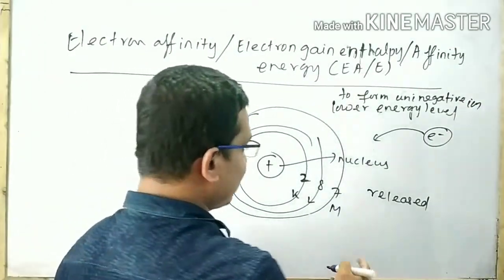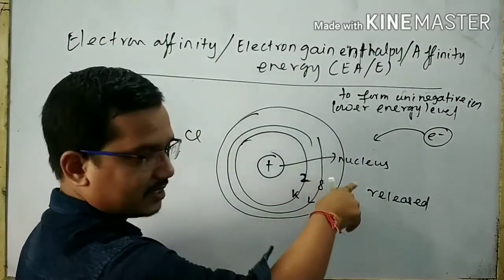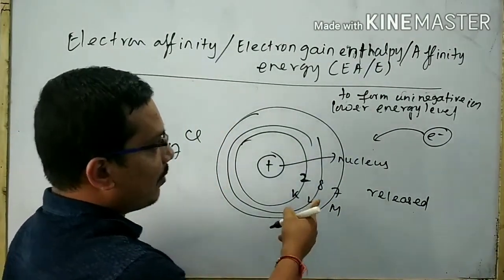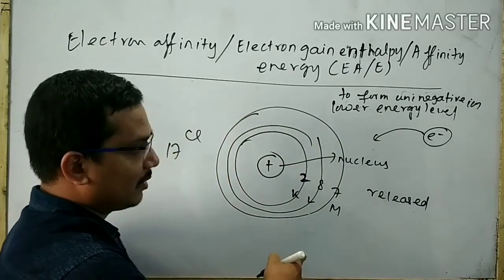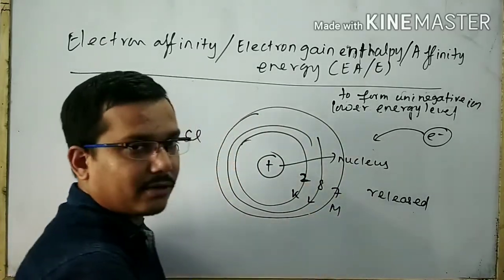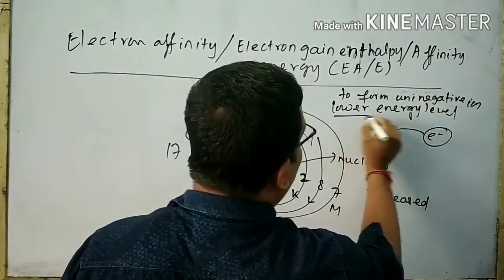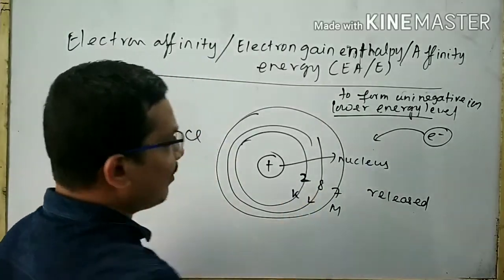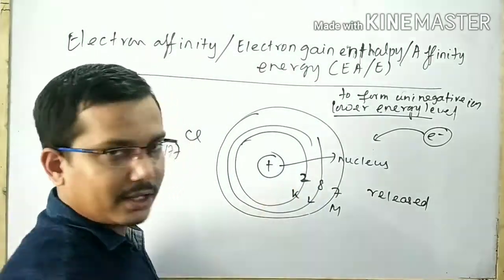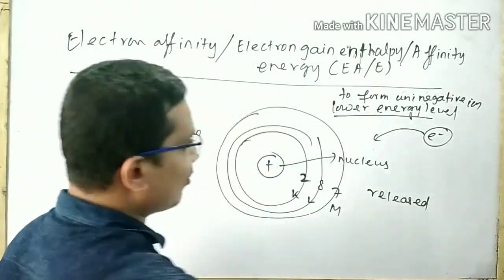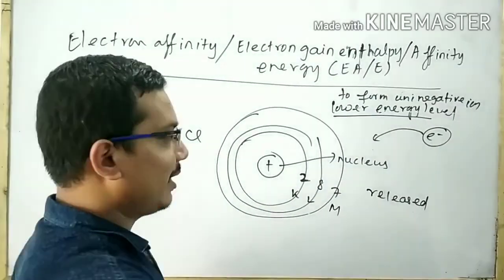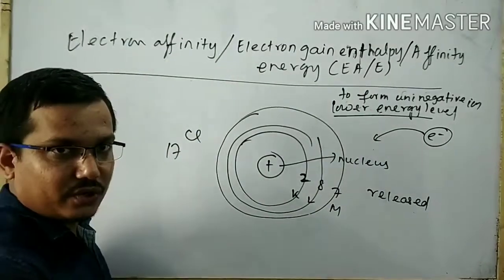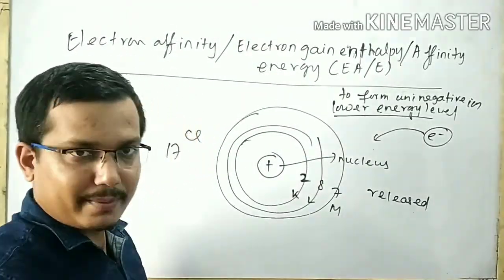Ionization energy means removing an electron from the valency cell, but electron affinity means the amount of energy released to add an electron in the lower energy level, because the lower energy levels are closer to the nucleus, and the electron to be added is strongly attracted by the nucleus and maintains its stability.